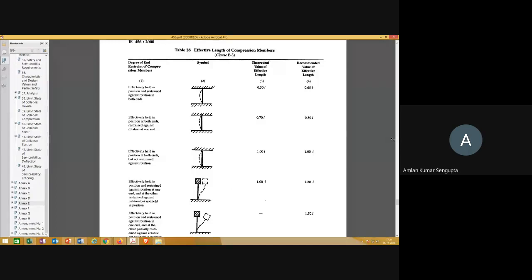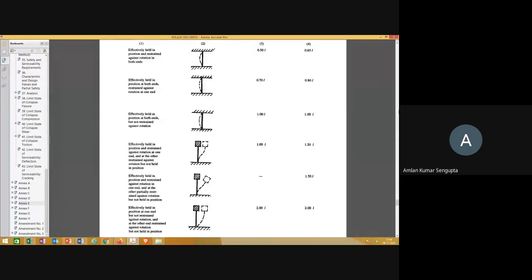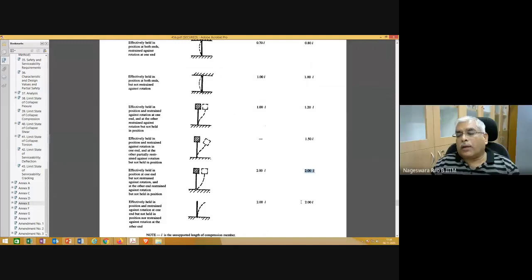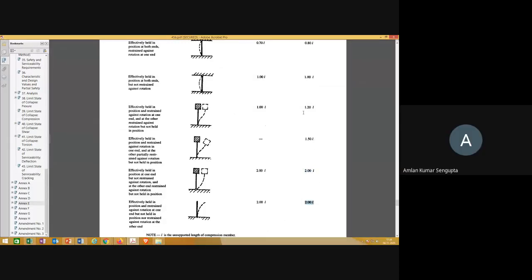Whereas in the bottom four figures, these columns are considered to sway. That means the top is moving laterally with respect to the bottom. And you see that the values of this ratio of the effective length to the unsupported length are more than 1. That corresponds to the previous charts.